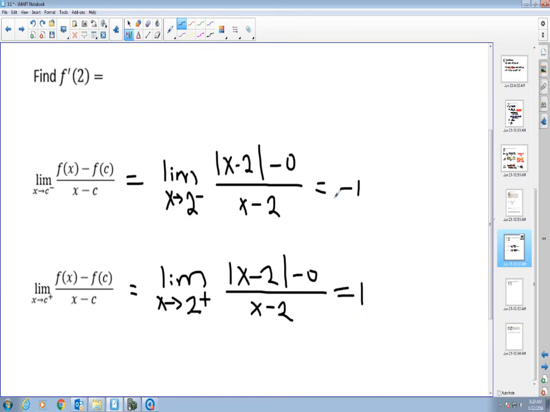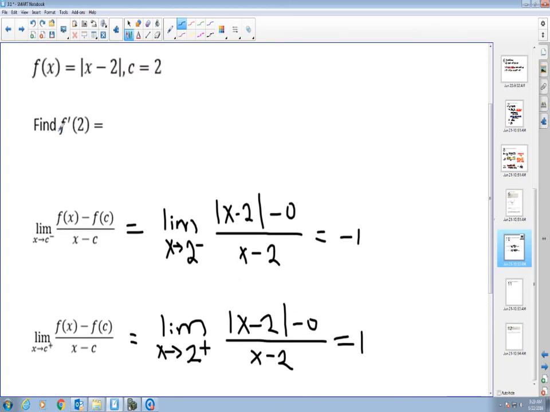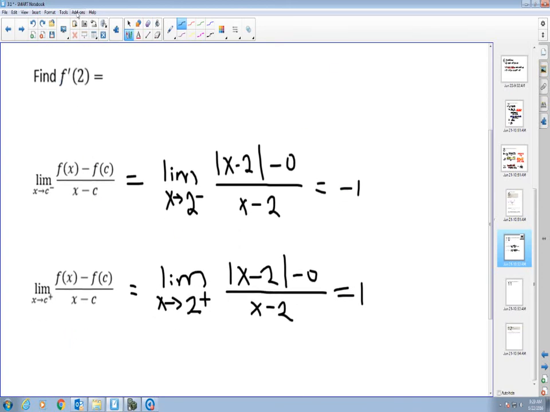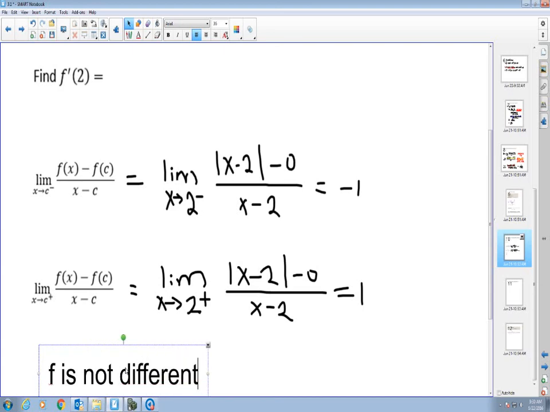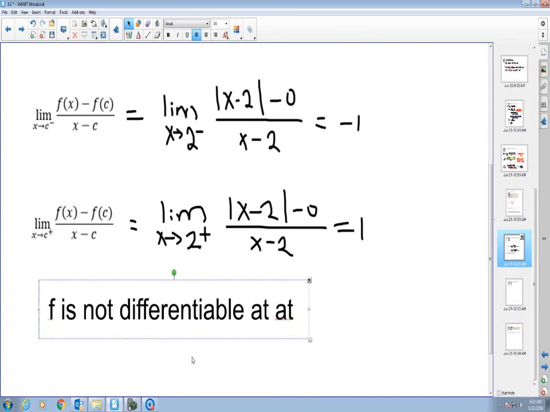Alright, so if my limit does not exist, that means my function f is not differentiable. What that tells me is my function f is not differentiable at x equal to 2.